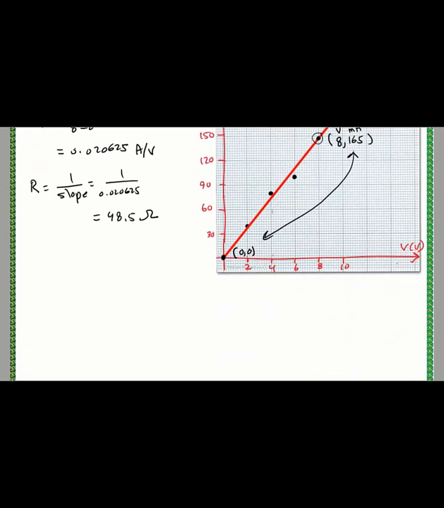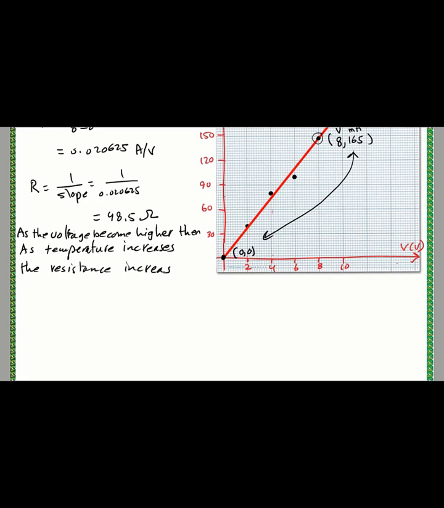The error comes from the temperature. As temperature increases, the resistance increases. Why does the temperature increase? As the voltage becomes higher, the temperature is increased.